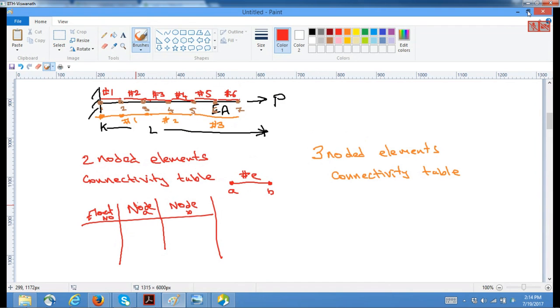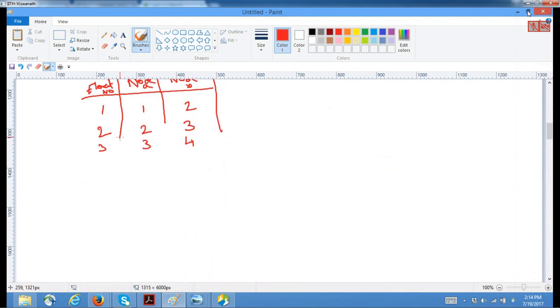So element 1 consists of node 1 and node 2, whereas element 2 consists of 2 and 3, and then element 3 constitutes of 3 and 4, element 4 consists of 4 and 5, and 5 consists of 5 and 6, and 6 constitutes of 6 and 7.